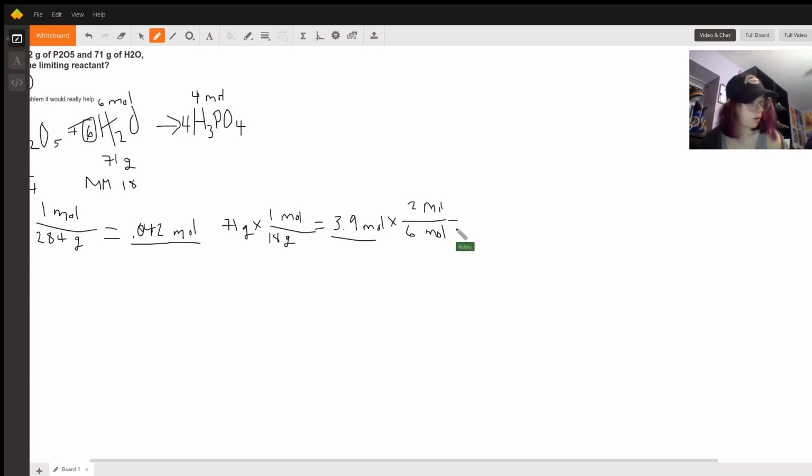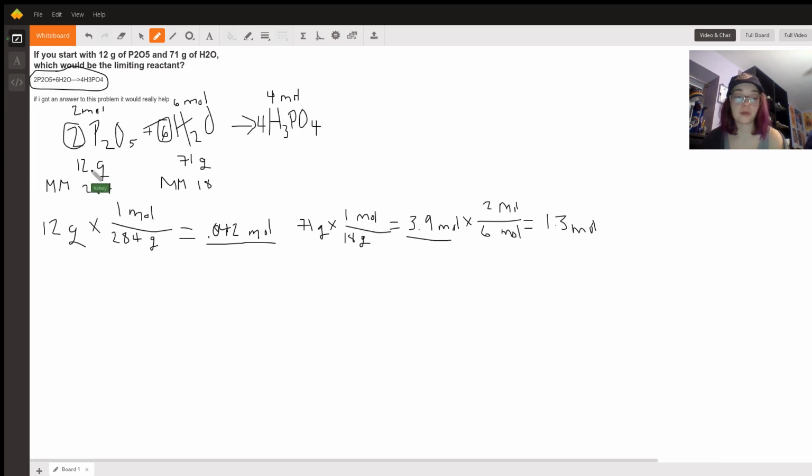And what we find when we do that is that we need about 1.3 moles of P2O5 to completely react all of our H2O. Now, what we actually have here is only 0.042 moles. So since we have less of the P2O5 than we would ideally need, that's our limiting reactant.